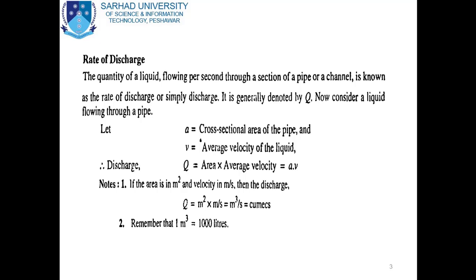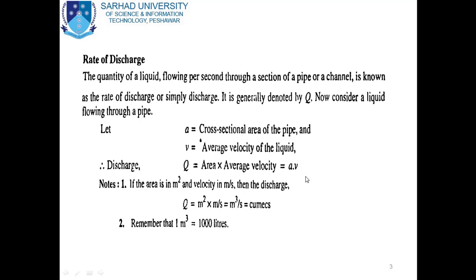Now consider a liquid flowing through a pipe. Let A be the cross-sectional area of the pipe and V the average velocity of the liquid. So discharge Q is equal to area into average velocity, which is Q = AV.